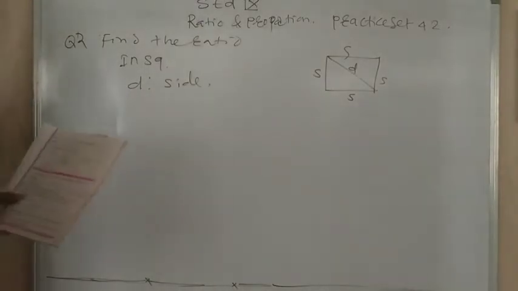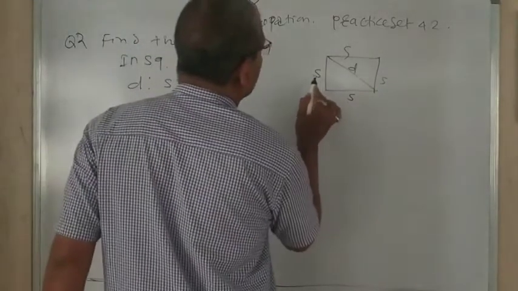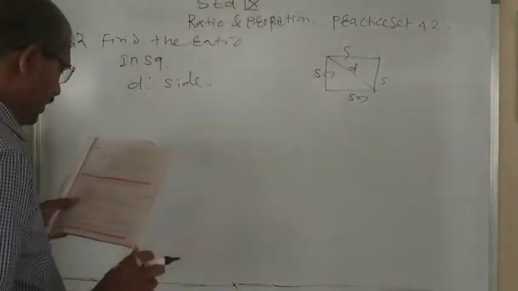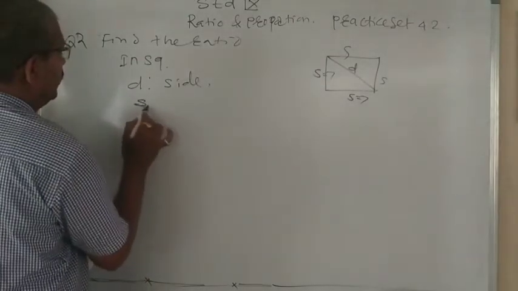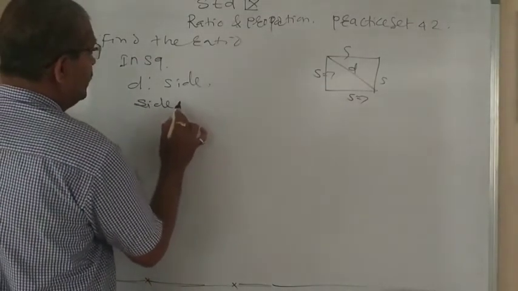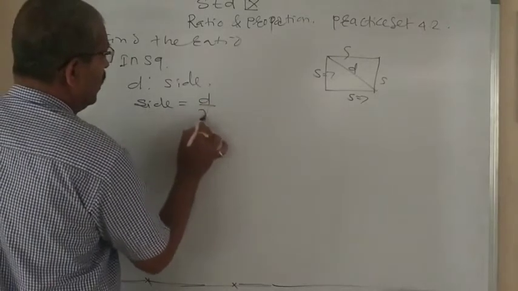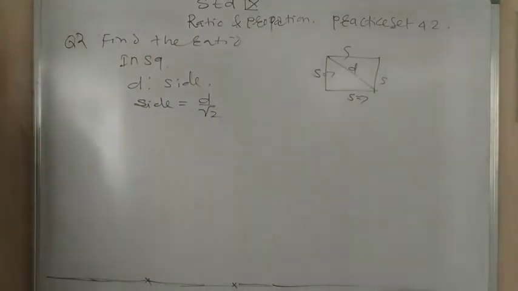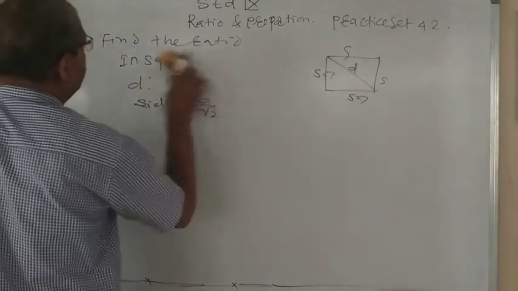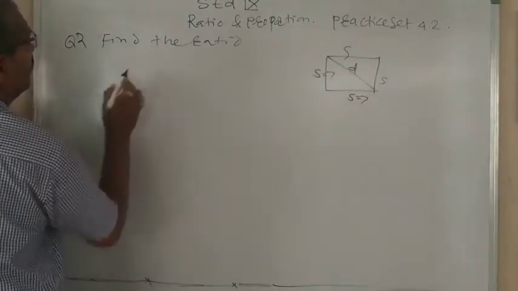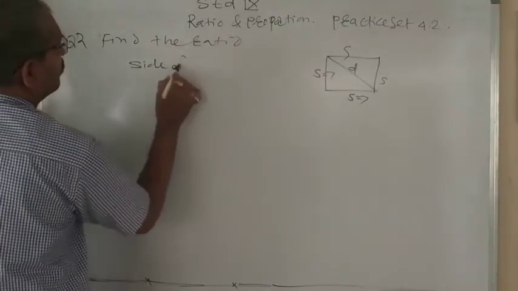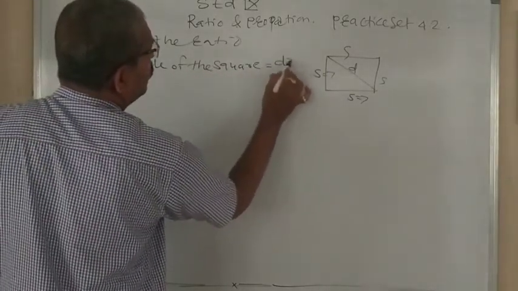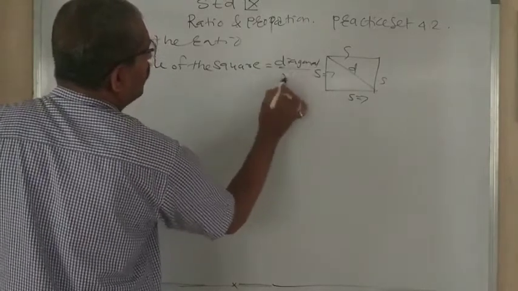Then what is the formula? The side is equal to 7 centimeter. If the side is given, then the side of the square is equal to diagonal upon root 2.